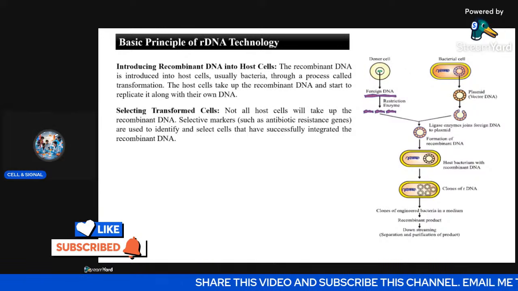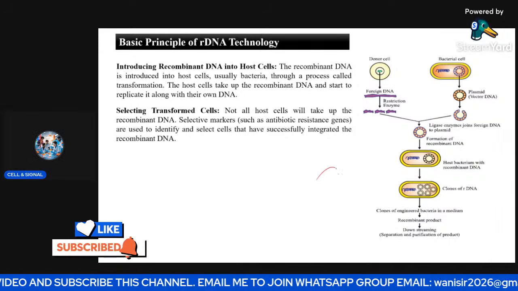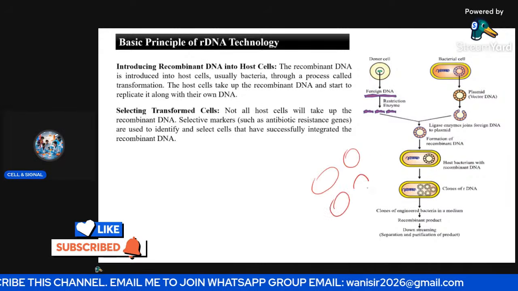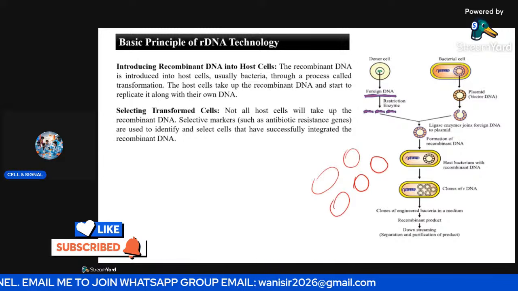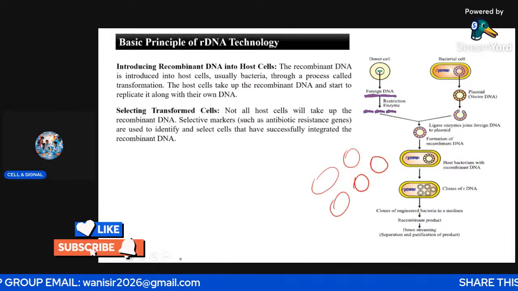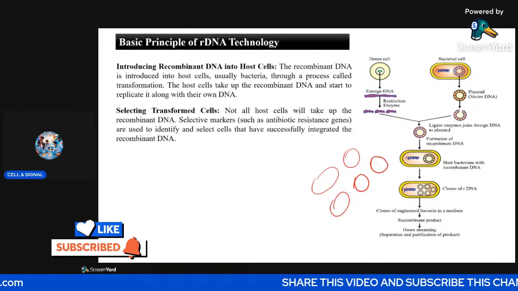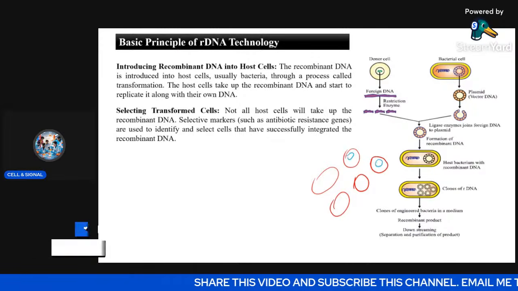Then there is selecting the transformed cell. Not all host cells will take up the recombinant DNA. For example, we have multiple host cells here. Some host cells will take this vector, and some will not.